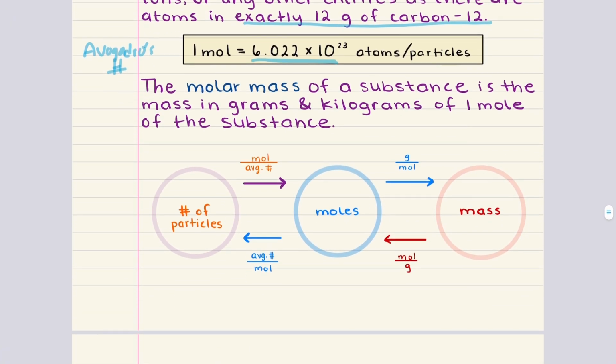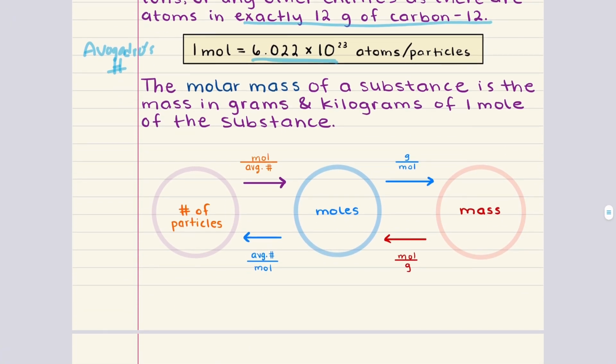Now, the usefulness of the mole comes from the fact that it connects particle numbers to mass. So for each substance, the mass of 1 mole in grams is numerically equal to its average atomic or molecular weight in atomic mass units. And this is what we call molar mass.